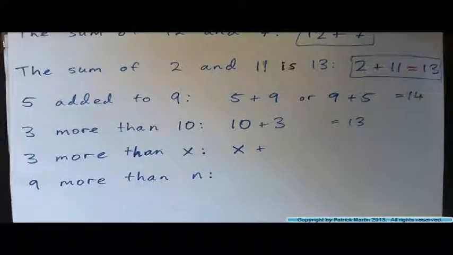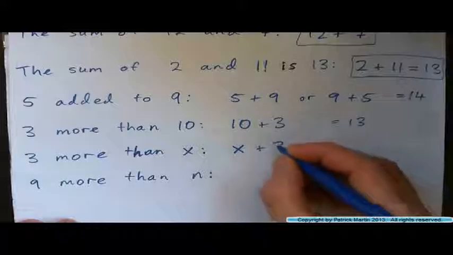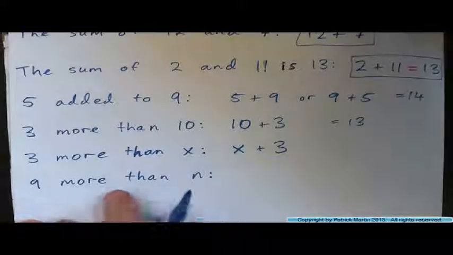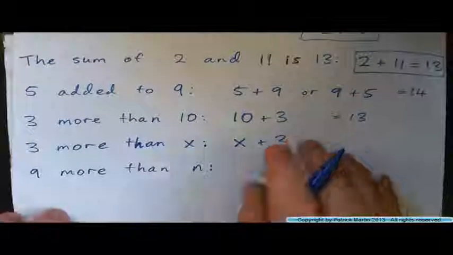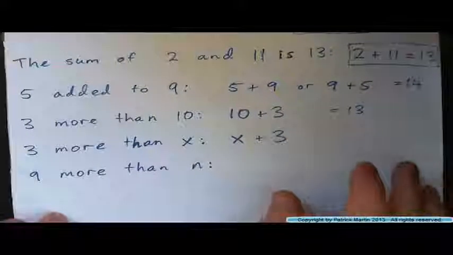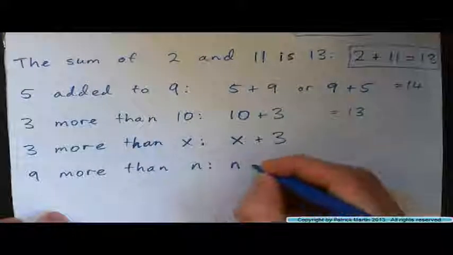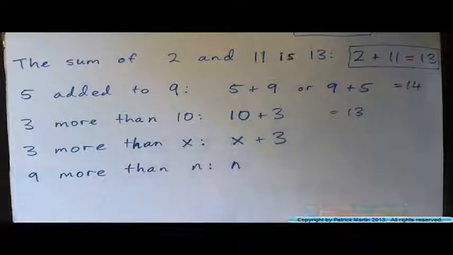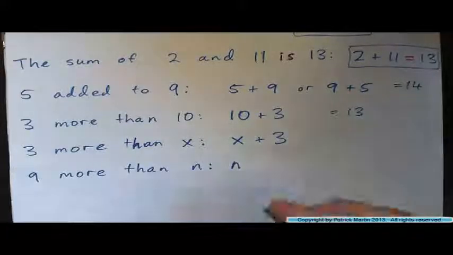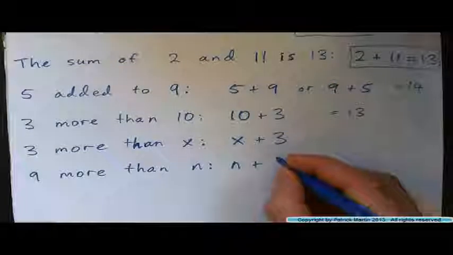If x is just some number, who knows what it is? That number plus 3. And 9 more than n, where n represents some number, would be n plus 9, right?